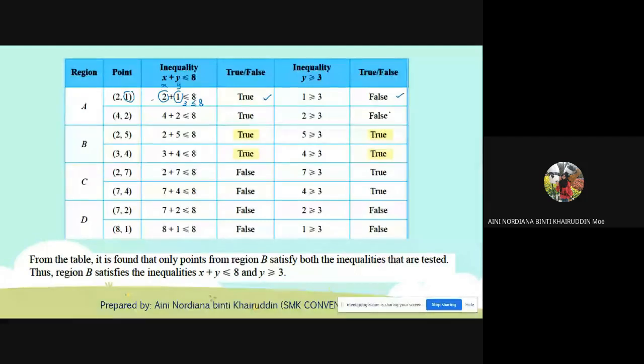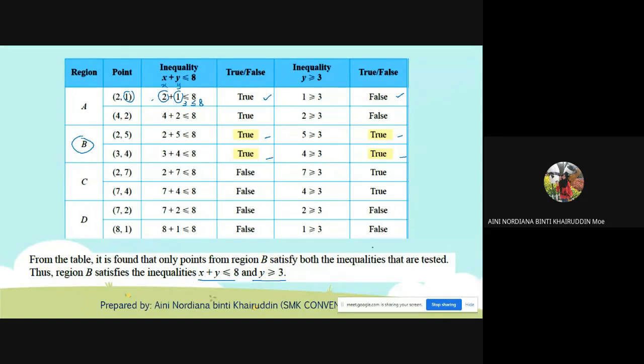When both are true, the region satisfies these two inequalities. As you can see from this table, only region B is true for both. So region B satisfies the inequalities.